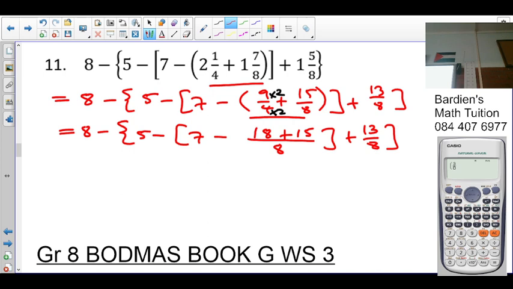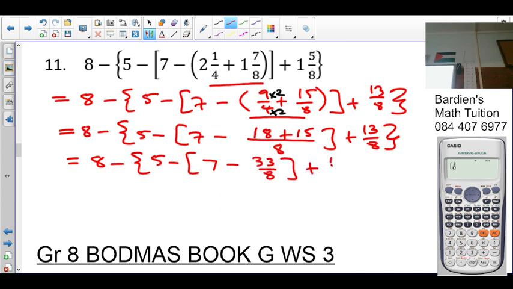Oops, you see I'm already supposed to have written the squiggle bracket, okay. But like I said, it's not going to make a difference. This is 8 minus 5 minus 5 minus 7 minus, this is what? 15 plus 18 is 33 over 8 plus 13 over 8.